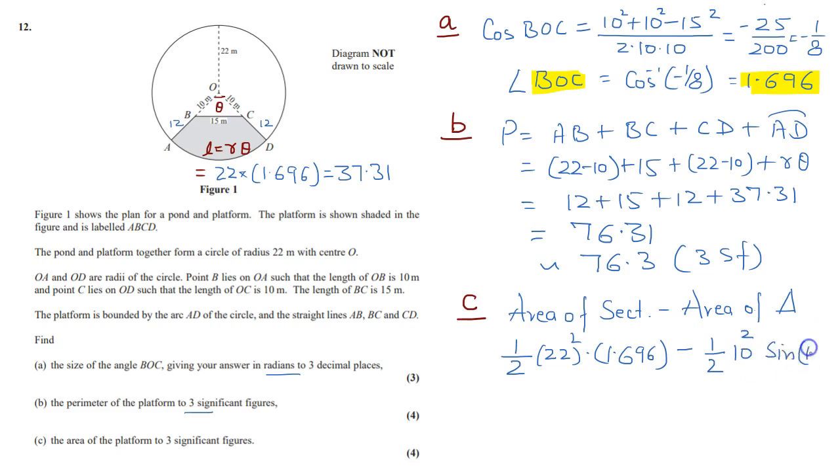Sine 1.696. So this is equal to, if you calculate this, 22 square over 2 multiplied by this is 410.432, minus this will be 49.6086.